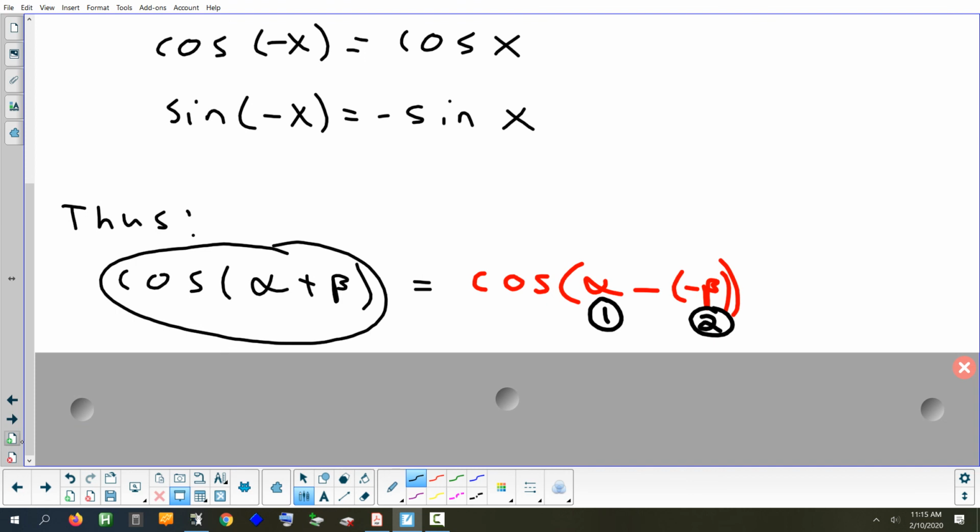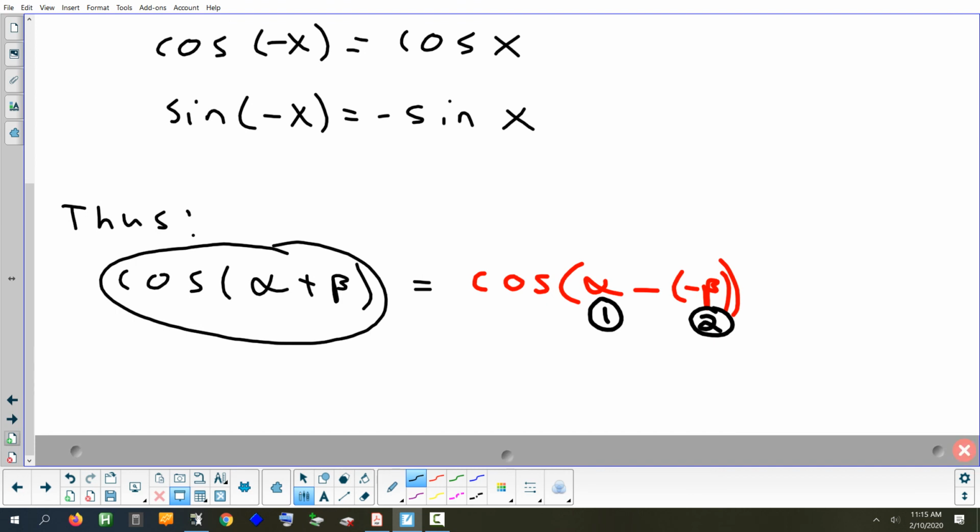Negative beta. Do it out and see what happens. When I want to write out the cosine difference, what's the first thing I put? Cosine of, and cosine of, in this case, negative. Right, so let's start with that.